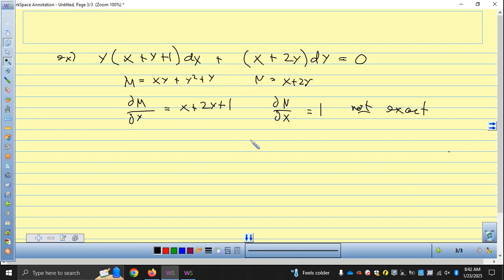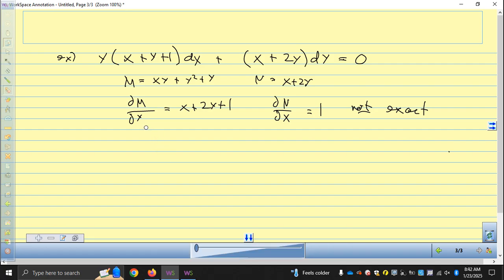For this particular one, just because I see this quantity, if I subtract... I'm just looking at what I wrote here, which doesn't make sense.